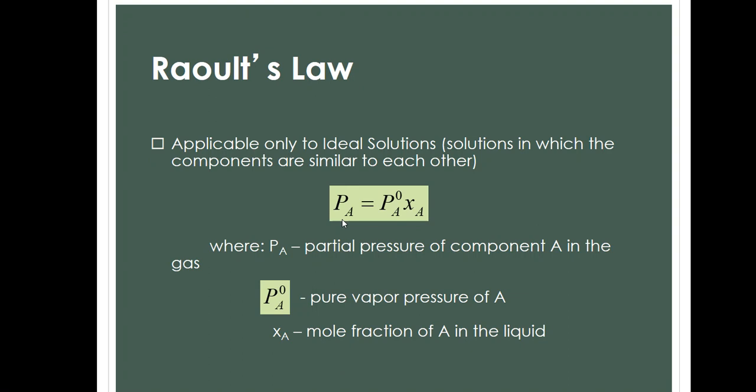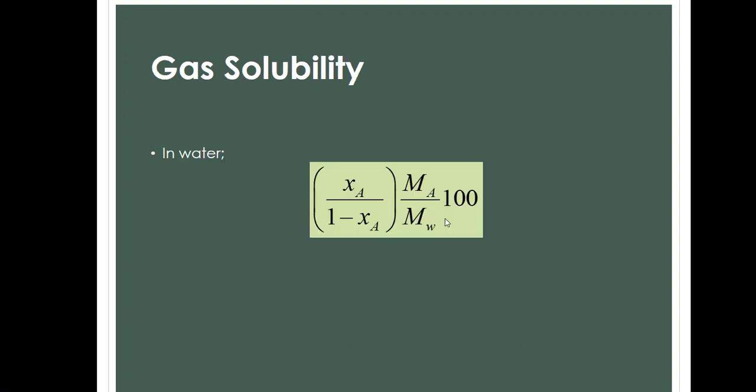The difference between the two, as a review, is that Raoult's law is only applicable for ideal systems, whereas Henry's law can work for both ideal and non-ideal systems. Since these equations are not new to you, I will just pass through this and proceed with something that is new.